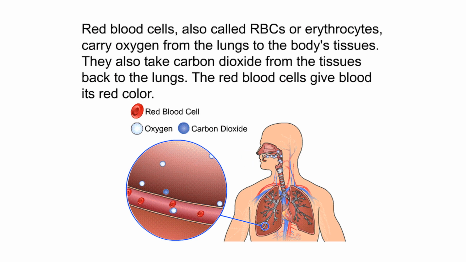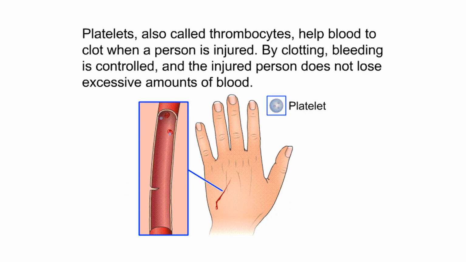Red blood cells, also called RBCs or erythrocytes, carry oxygen from the lungs to the body's tissues. They also take carbon dioxide from the tissues back to the lungs. The red blood cells give blood its red color. Platelets, also called thrombocytes, help blood to clot when a person is injured. By clotting, bleeding is controlled and the injured person does not lose excessive amounts of blood.